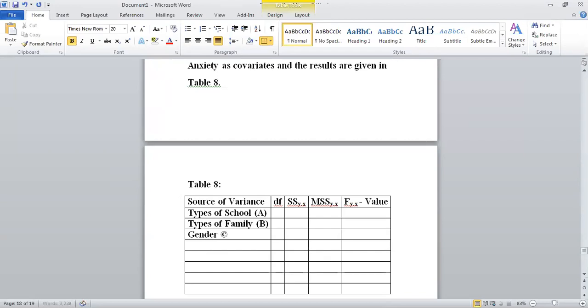If I say C, then it is A, interaction B, next is A, interaction C, next is B, interaction C, and next is A, interaction B, interaction C. Next is error, and next is total.